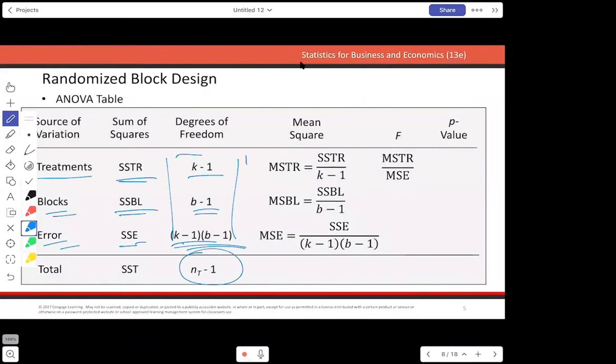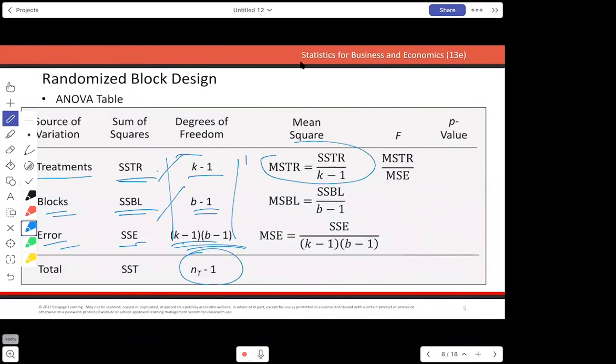Now, remember, an MS, a mean square, is a sum of squares over degrees of freedom. So if I divide SSTR by K minus 1, I will get MSTR. And then SSBL by B minus 1, I will get MSBL. And then MSE.